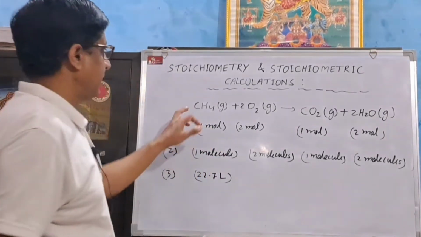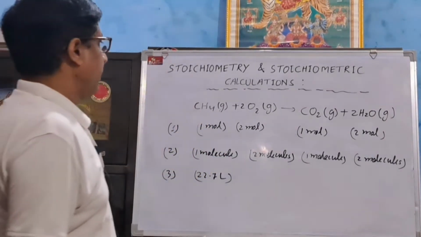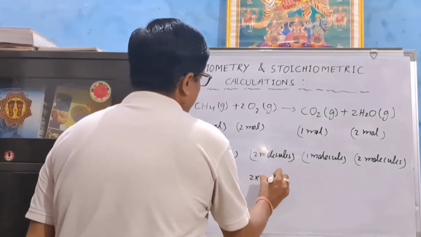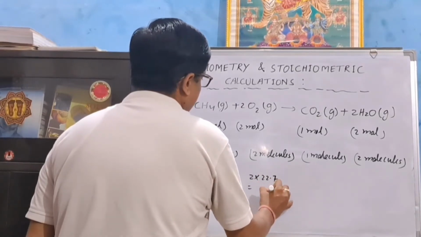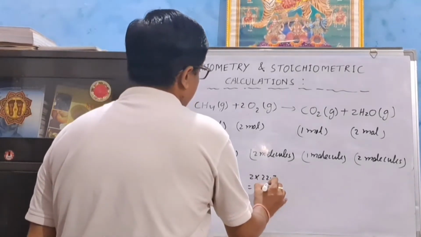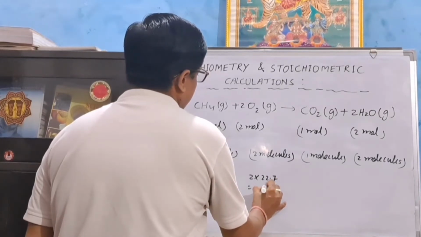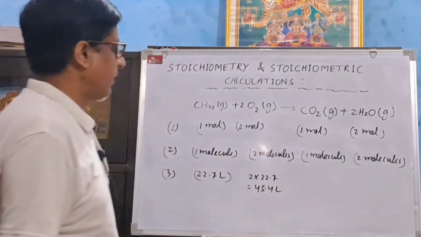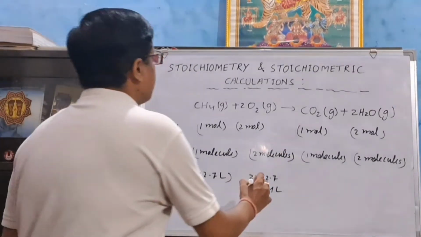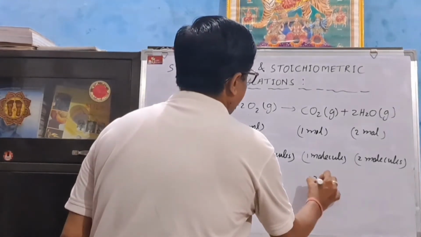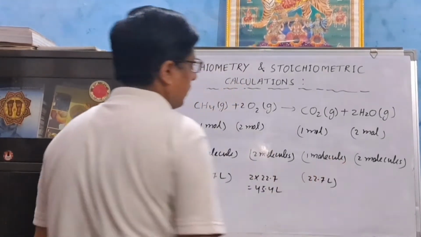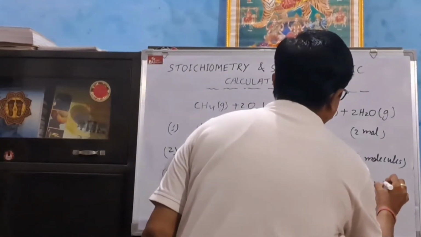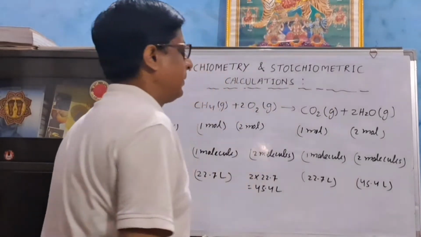Therefore, 22.7 liter of methane reacts with 2 into 22.7 or 45.4 liters of oxygen to produce 22.7 liters of carbon dioxide and 45.4 liters of water vapor.